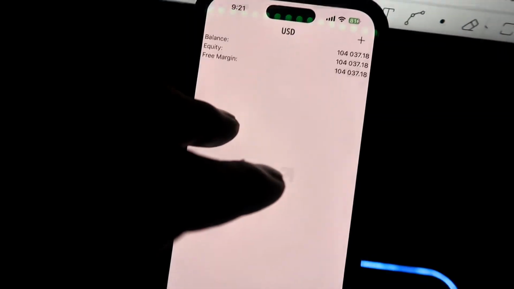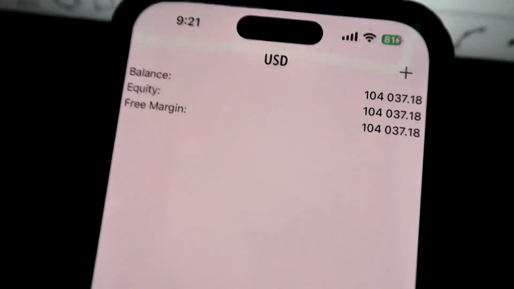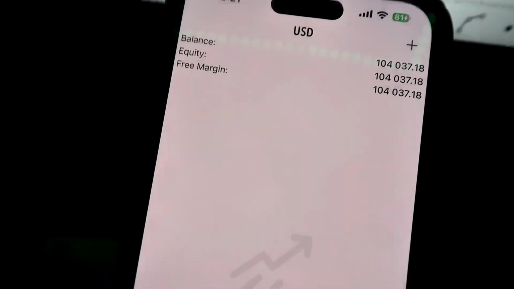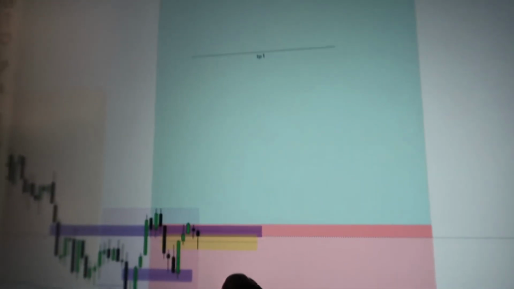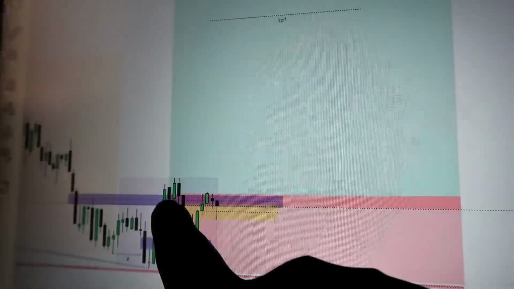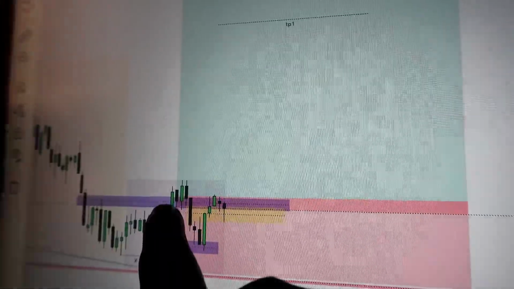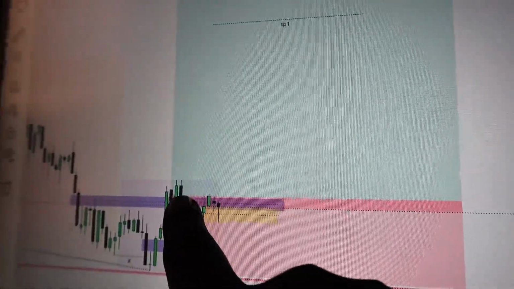Alright, so the account here currently I sit at 104,000. This is the account now, but apart from that we just got a trade on NAS 100. We're long, entering it right after we got the same 80E setup from the previous vlog.